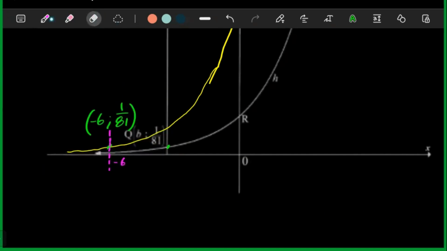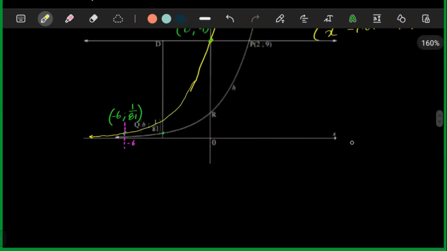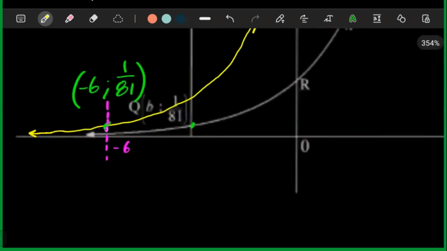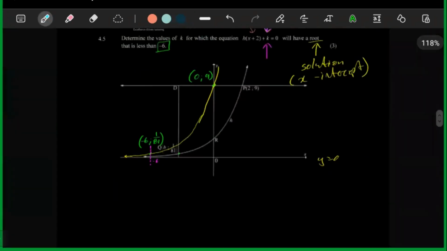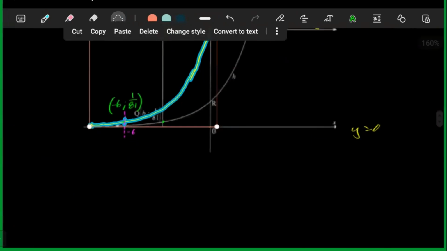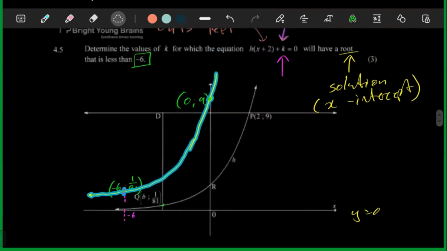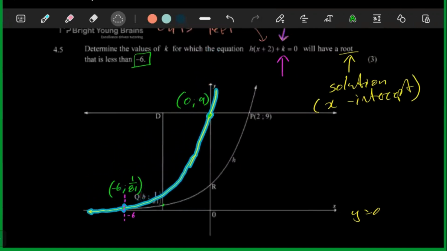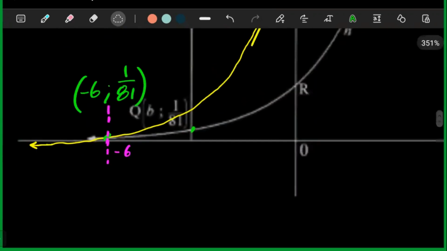And here's proof of that. You can see here, when our graph is moved 2 units to the left, it still just has the original asymptote, which is y is equal to 0. But the moment you move it any amount of units downwards, this graph is automatically going to start touching the x-axis, at a position that is always going to be below -6.